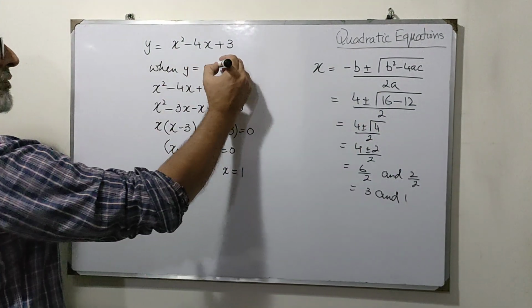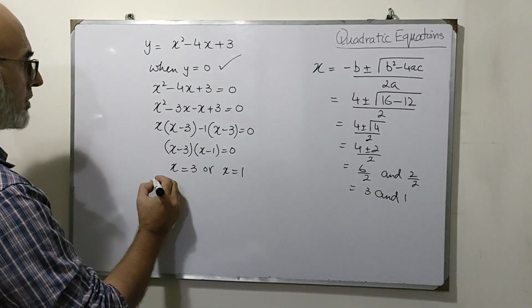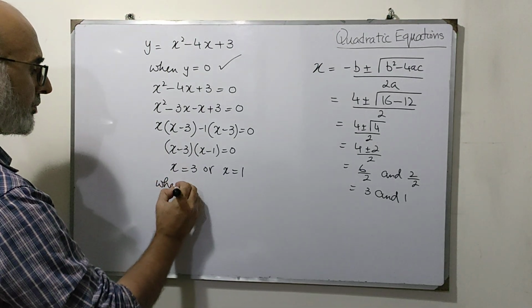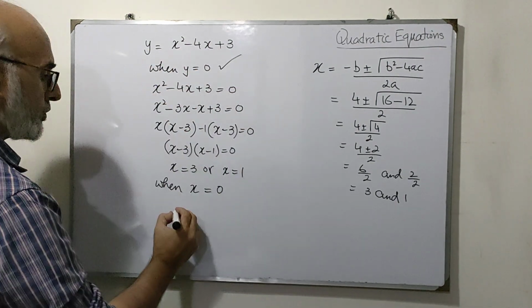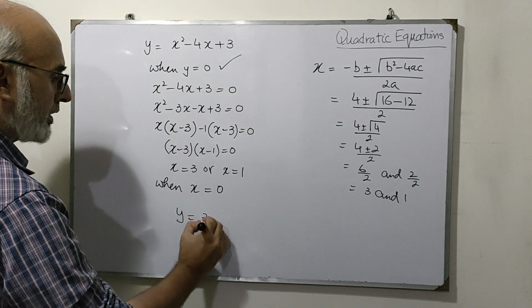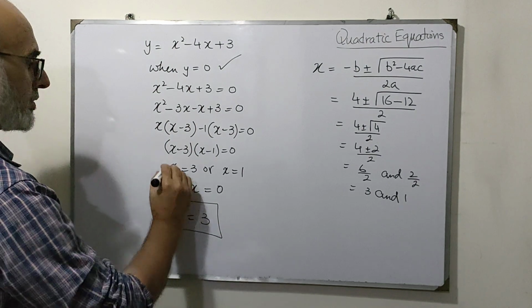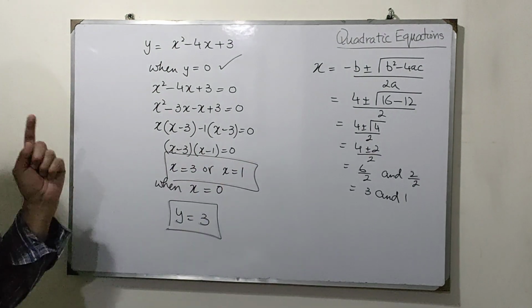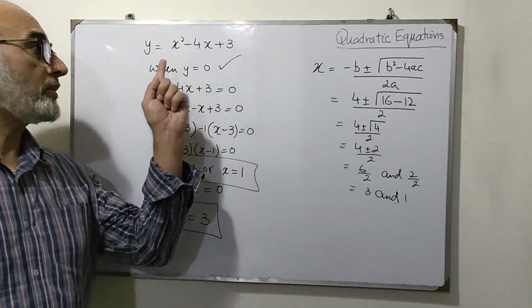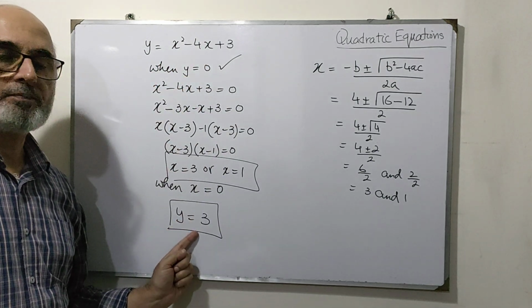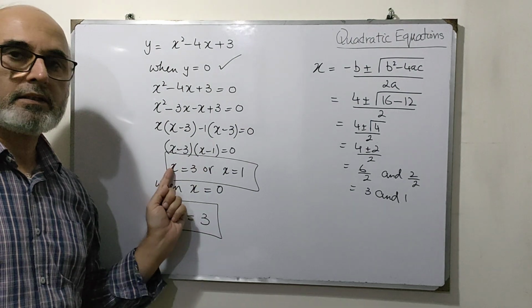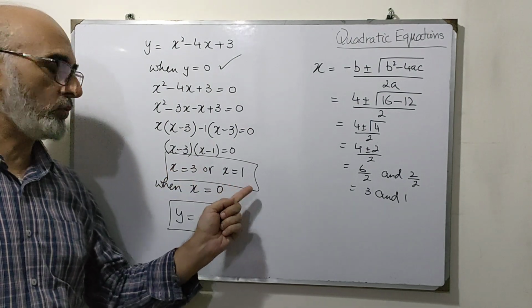Now we have done this. Now coming to this, when x is equal to 0, this equation will reduce to y is equal to 3. So when we are sketching the graph for this equation, the y-intercept is 3 and the x values are 3 and 1.